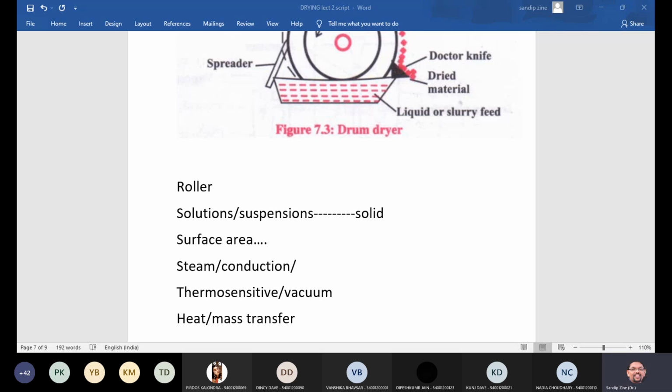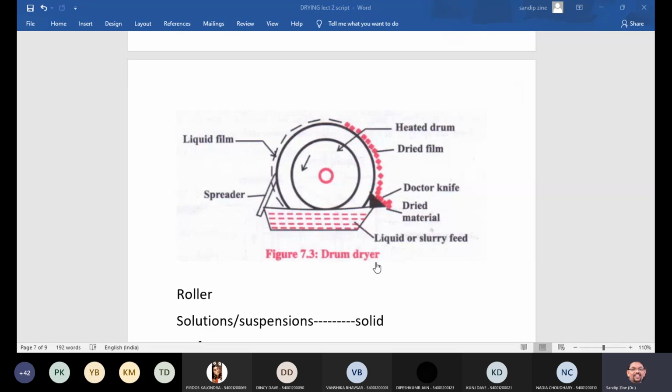And obviously in pharmaceutical applications we can quote that the drum dryer is used for drying of solutions, then slurries, and then suspensions. So this is the main role of the drum dryer. And milk products, or starch products, or maybe ferrous salts, or suspensions of zinc oxide, suspensions of kaolin.